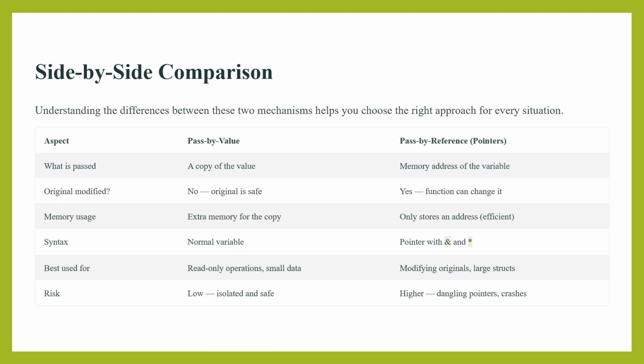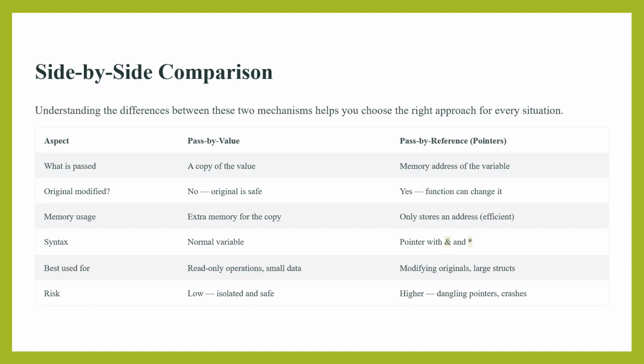Next, a side-by-side comparison. This comparison helps you decide the right method. Pass by value creates a duplicate, has no external impact, uses more memory, and is easier to debug. Pass by reference uses the original memory, changes reflect globally, is more efficient, and requires pointer knowledge.